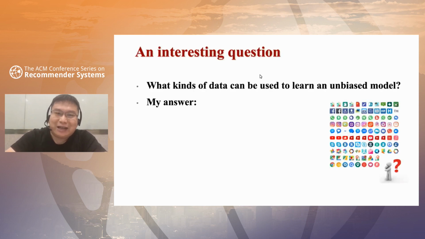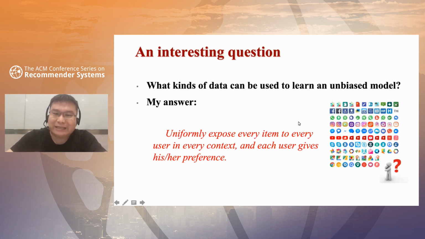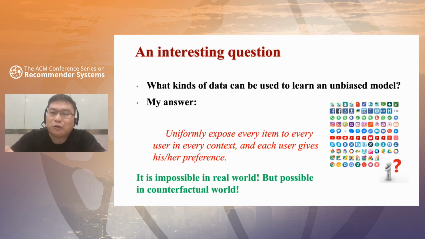Firstly, let's see one interesting question. What kinds of data can be used to learn an unbiased model? Here is my answer. Uniformly expose every item to every user in every context, and let each user give his or her preference. As we know, we have a lot of candidates, so it is impossible in the real world, but it is possible in the counterfactual world.